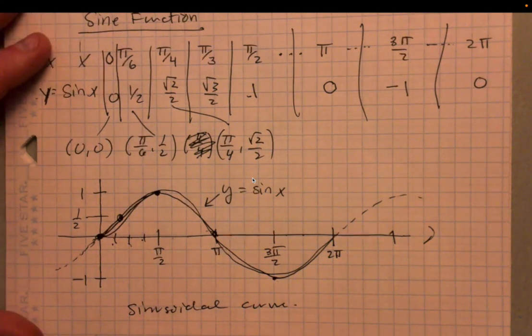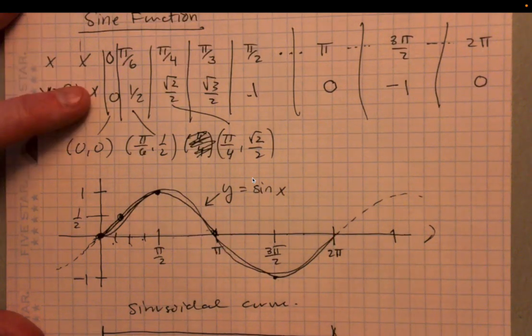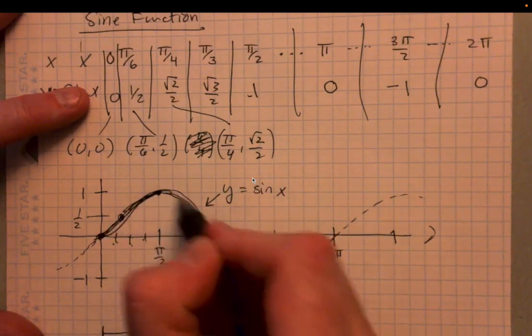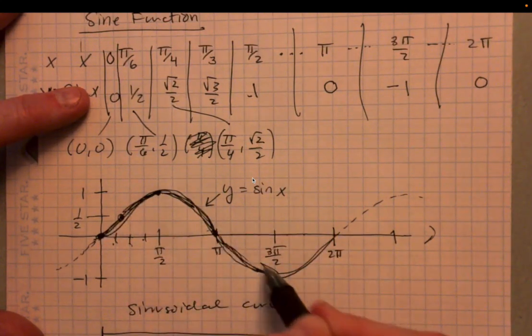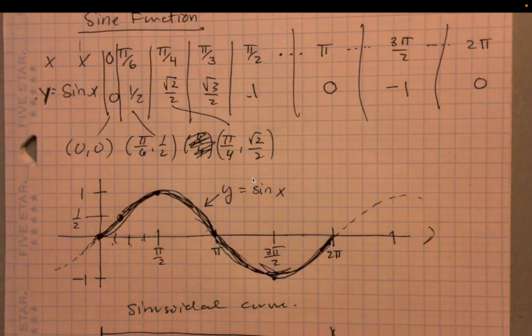Now something to notice here is that you have a period right here. The period is the portion of the curve where the sine does the unique stuff, and then it just starts to repeat itself.